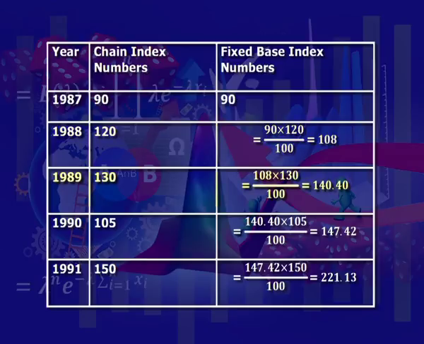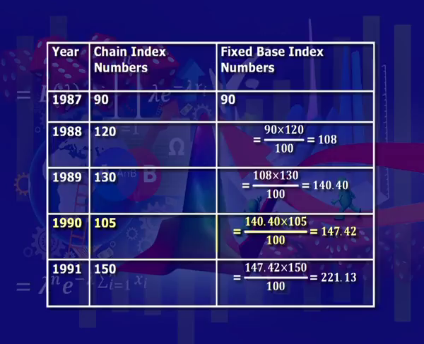Similarly, for the next year, the fixed base index number is calculated as 108 into 130 divided by 100, which comes out 140.40. Similarly, for the next year, the fixed base index number is calculated as 140.40 multiplied by 105 divided by 100.